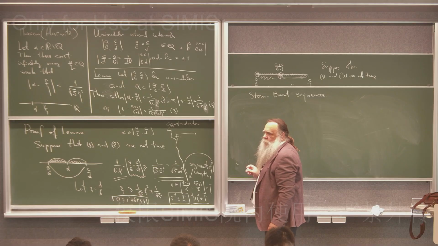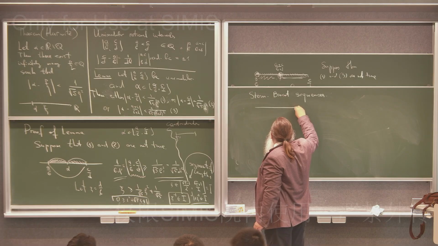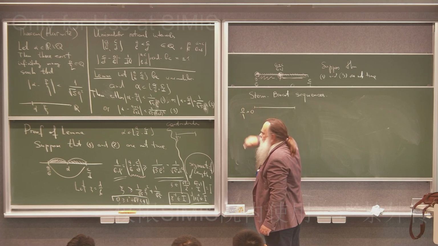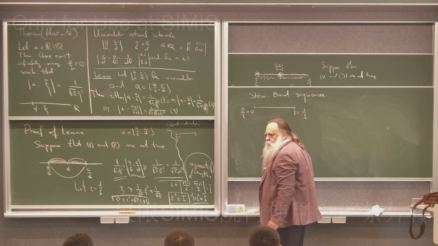Let us consider the unit interval. 0. What is 0? 0 is 0 over 1. And what is 1? It is 1 over 1.